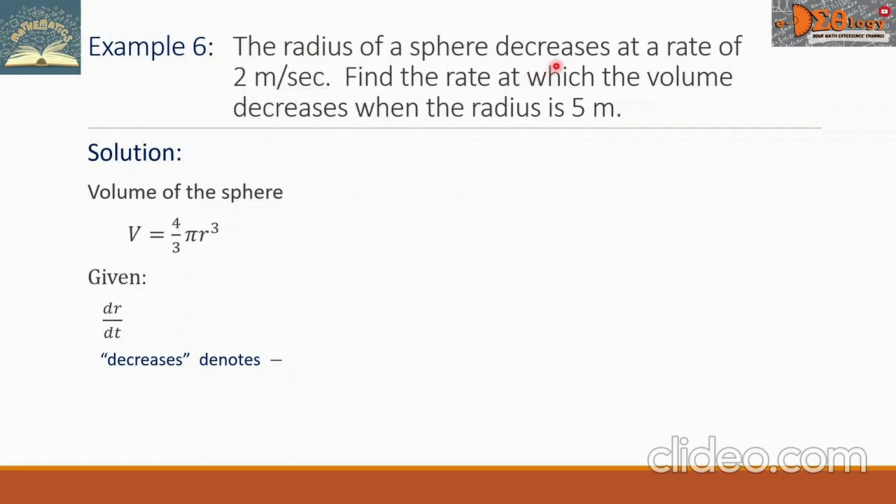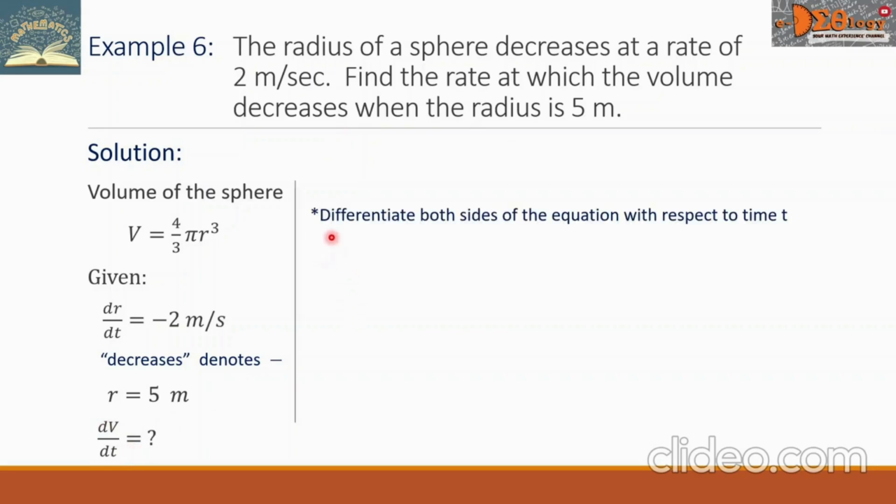So because of the word decreases, we write negative 2 meters per second. Next, another given is the radius, which is 5 meters. And in the problem, we are required to find the rate at which the volume decreases. That means we need dV over dt.